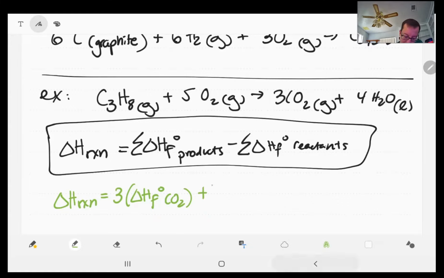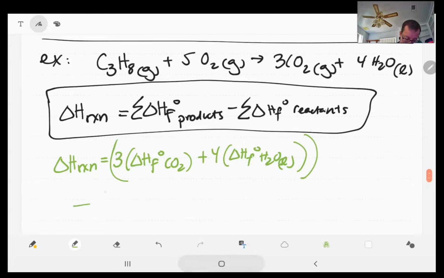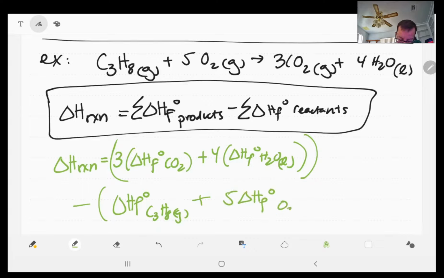We're also going to add our delta HF for water liquid. These are all of our products here. We're then going to subtract the delta HF for propane and 5 times the delta HF for oxygen. We're going to see something special about oxygen that's going to make it, again, a little bit easier for us in just a little bit.